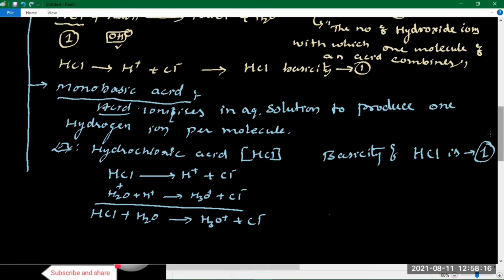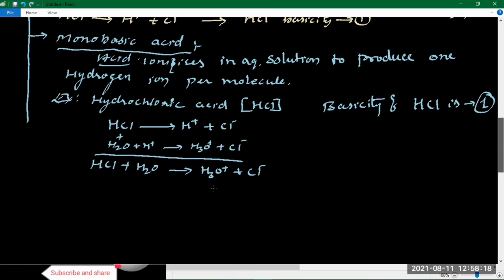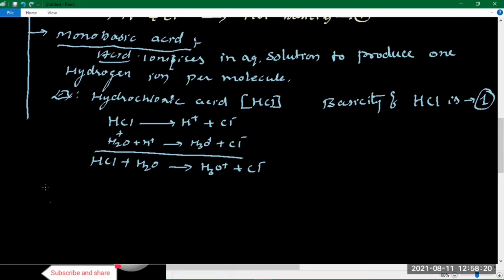And one more point you are supposed to remember: monobasic acids always produce a normal salt. Monobasic acids form only one kind of salt, called normal salts.